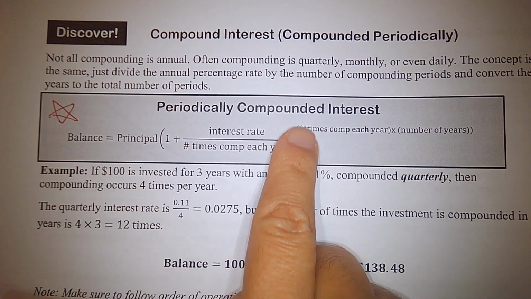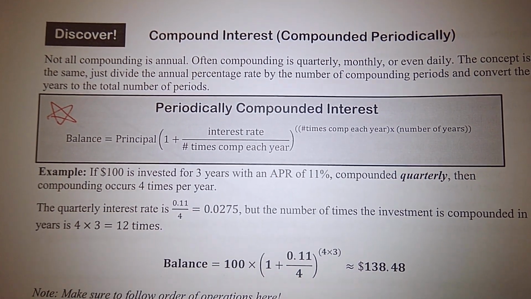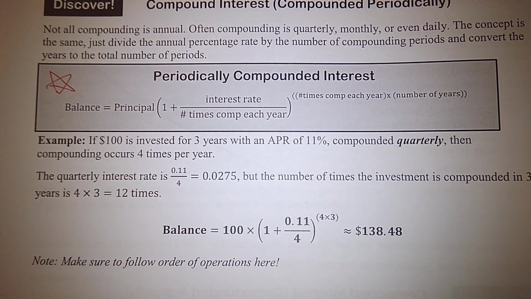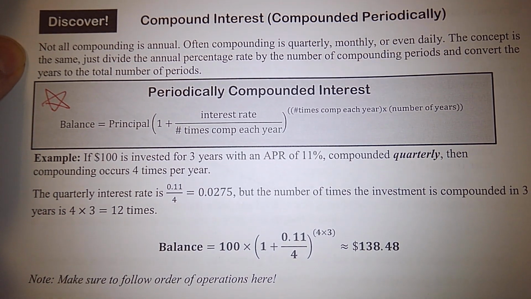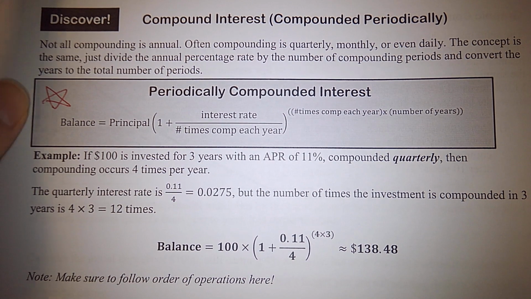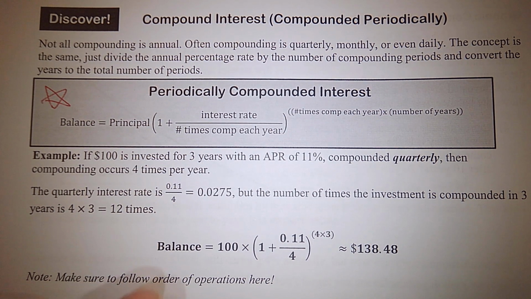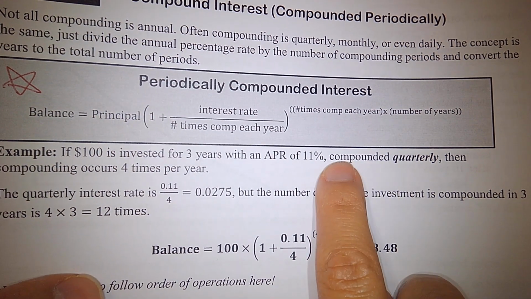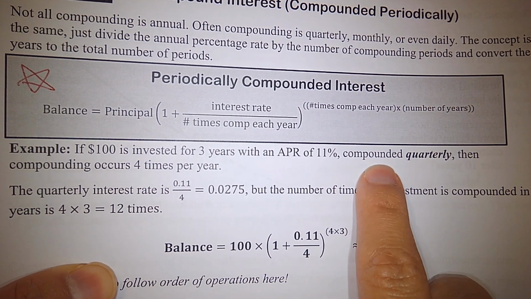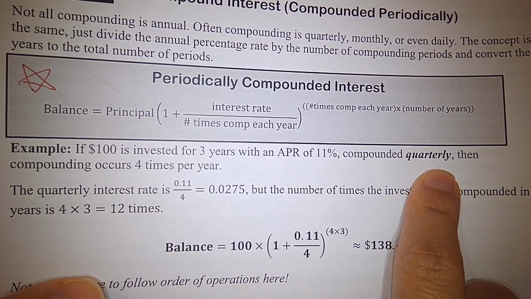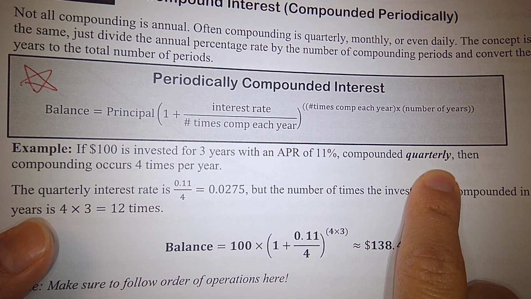Now let's use this formula to work on the questions. So what does compounding periodically mean? See the example, compounding quarterly. If we say we're compounding quarterly, that means every quarter they give us an interest.